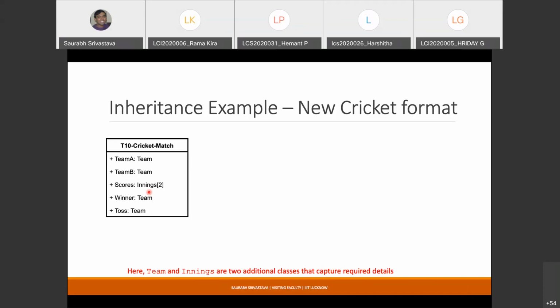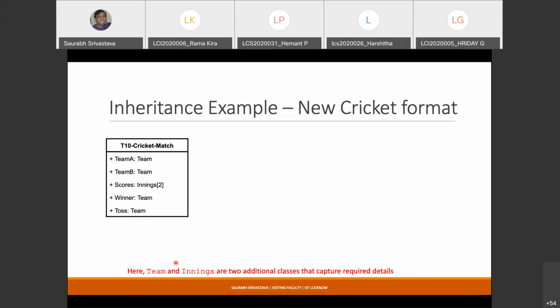The other one is known as aggregation. I think we had a look at aggregation in the lectures on modeling. The aggregation approach basically says that I declare a variable of that particular type within the new type. And this is what is happening here: these team and innings are variables of two other classes, team and innings.